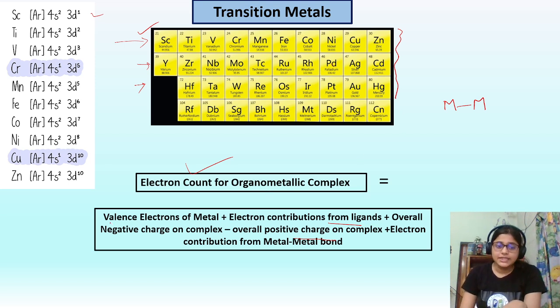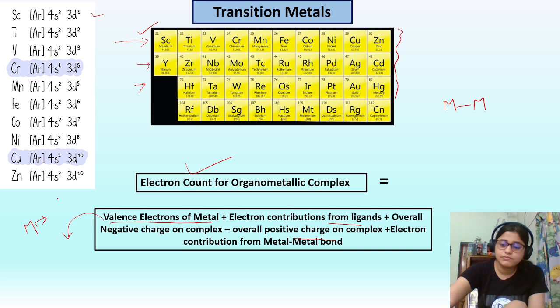Fine. Now valence electrons of metal: for the neutral method we don't have to consider their oxidation state and all. If any metal is given, we have to remember the electronic contribution and we have to total the electrons of D and S. So, for example, chromium is given in the example.